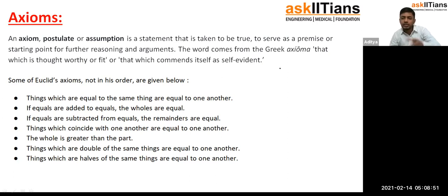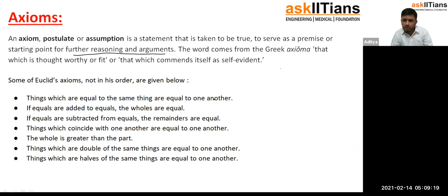These axioms and postulates serve as a foundation to develop the entire geometry, including congruence, similarity, trigonometry, and circle geometry. Anything that we develop further is completely based on these axioms and postulates. That's what we mean by further reasoning and arguments to develop the branch of geometry, right?